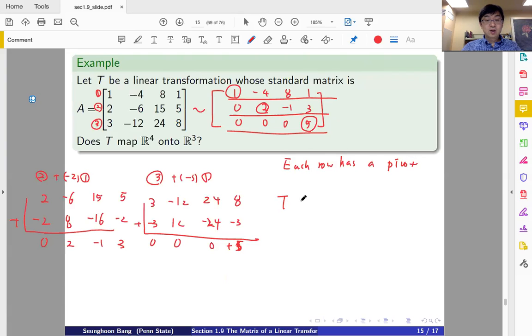T is onto. Yes, T is onto, because each row has a pivot. You can change it to the augmented matrix, and then we have a unique solution or infinitely many solutions, right? So like this.